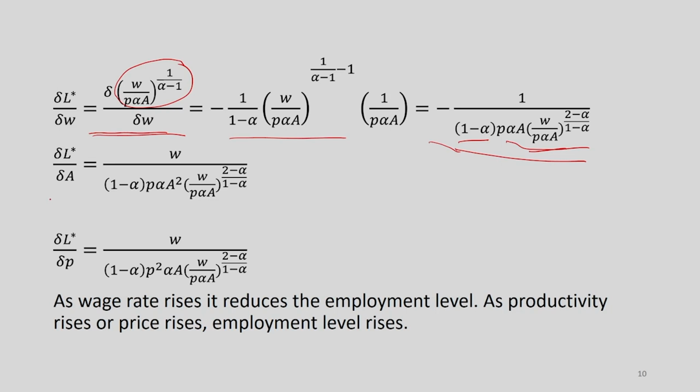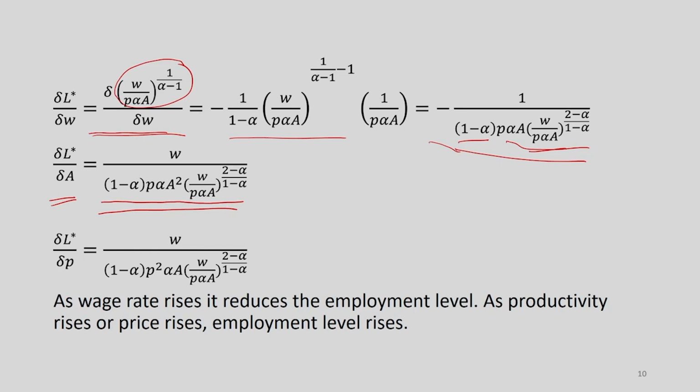Whatever the partial derivative of L star with respect to capital A, similarly I am not specifying the steps involved here. Here it is turning out to be W divided by 1 minus alpha, P alpha A square, W divided by P alpha A to the power (2 minus alpha) divided by (1 minus alpha), and as you can see by inspection, this is a positive quantity, because alpha is less than 1.